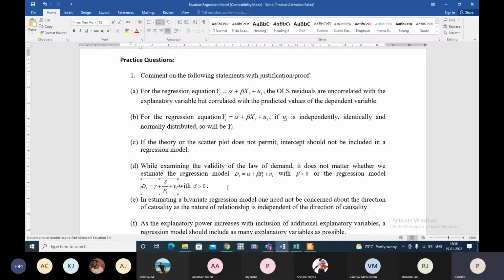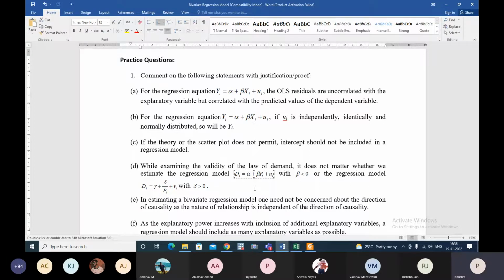The functional form, if you see, in the first case, it is linear. So for every 1 unit change in price, the quantity demanded will change in the same way.